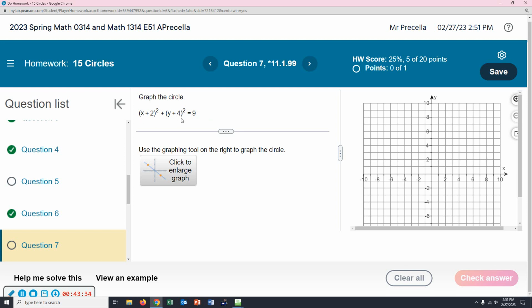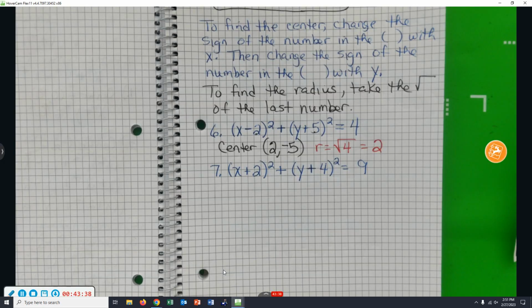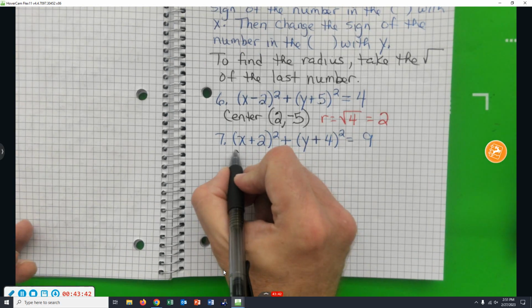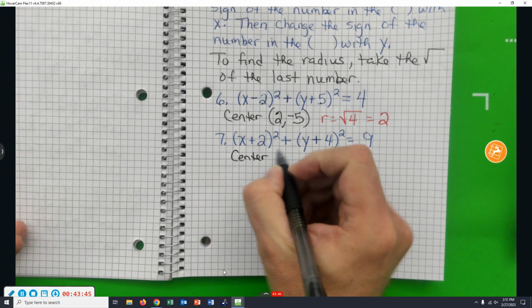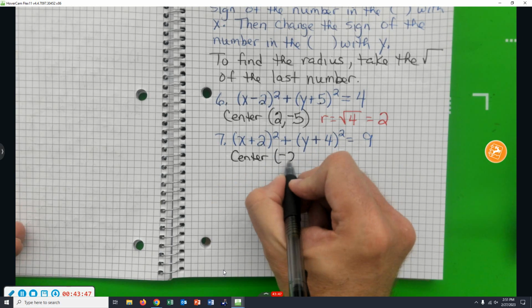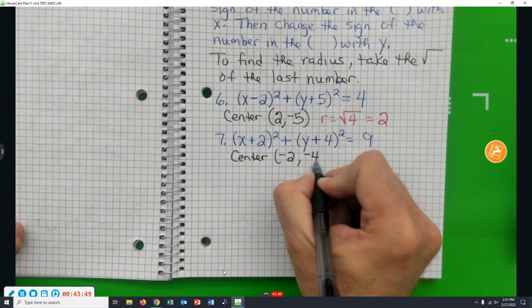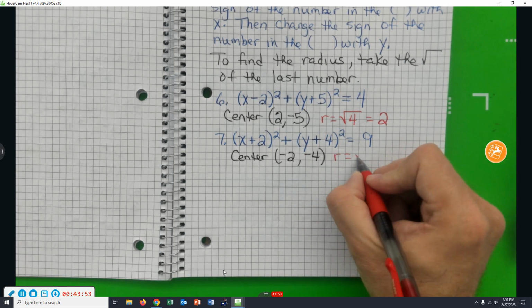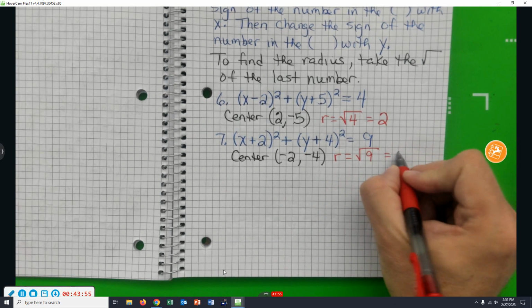Negative 2, negative 4. The radius is going to be 3. But I feel the need to write something down, okay? So, the center, negative 2, negative 4, and the radius is the square root of that last number, 3.